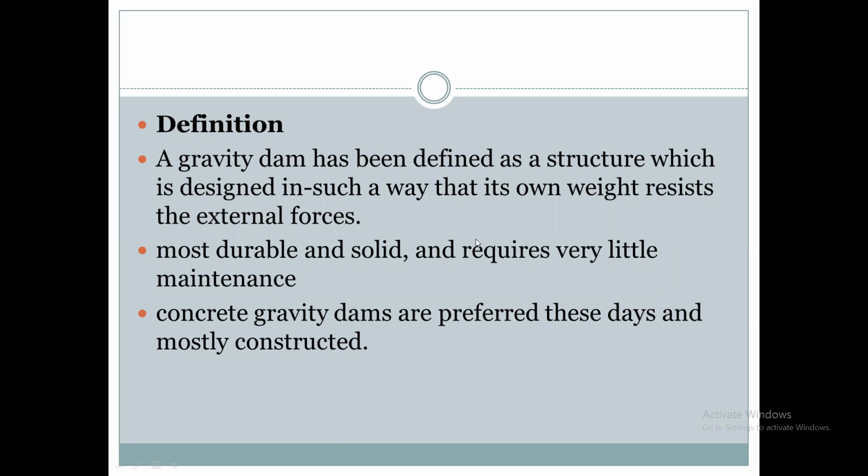The forces may be hydrostatic forces, forces due to flow of the river, hydrodynamic forces, or live load, dead load, seismic load. So it bears its own load. Due to its own weight, it resists the external forces.